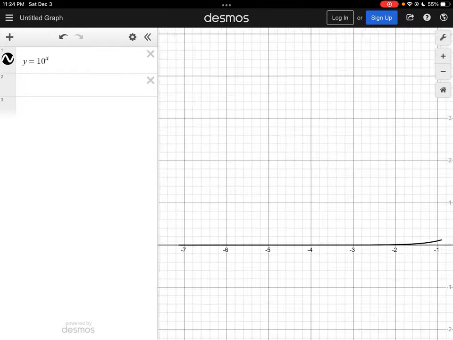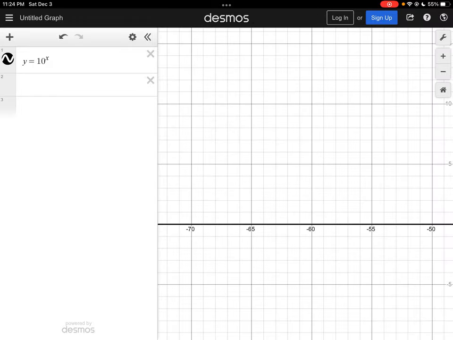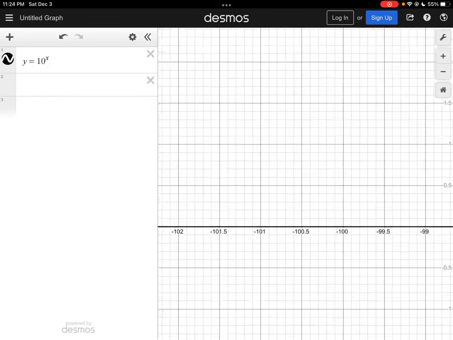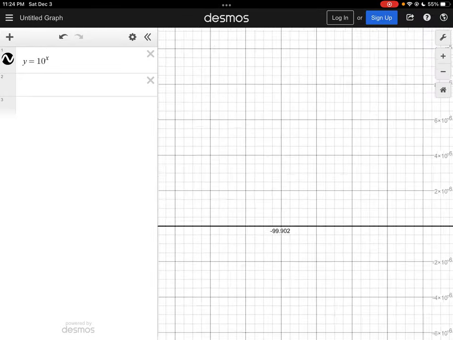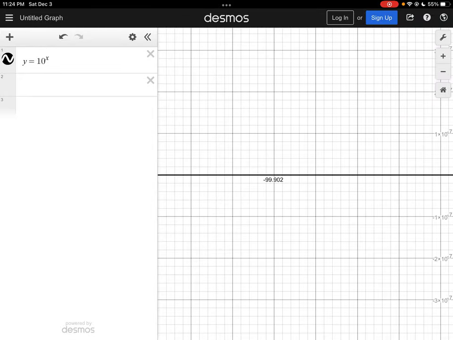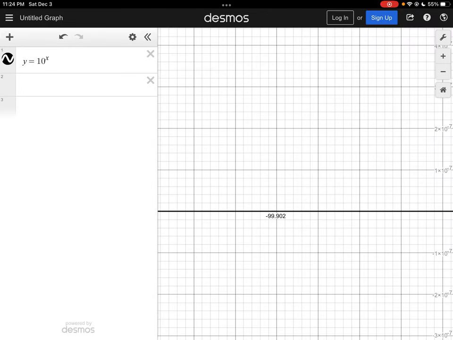We'll zoom all the way out and go really far to the left, still tracing this function, all the way to like 100. And even at 100, when we keep zooming in, this is the neat thing with Desmos.